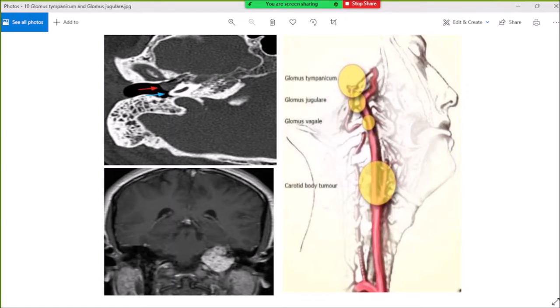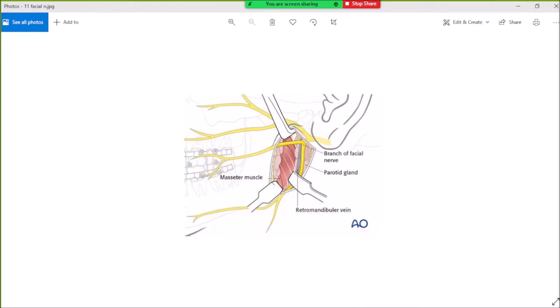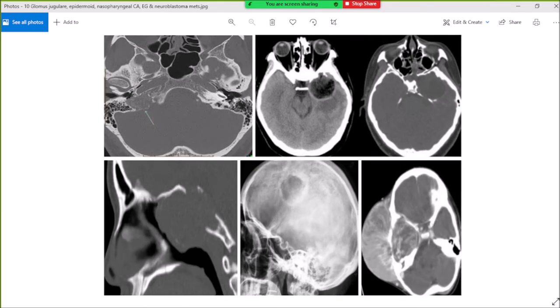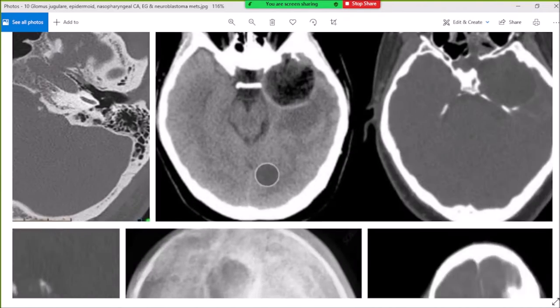Okay, now look right here. This is glomus jugulare. It is a mass inside the jugular fossa, correct? Then this is an epidermoid cyst. This is the granuloma. Okay, so this is glomus jugulare. This is the jugular foramen.